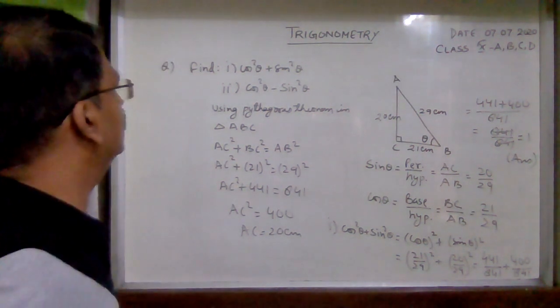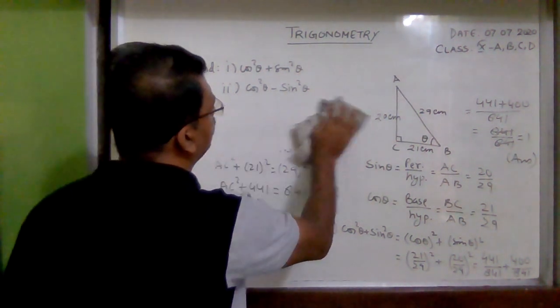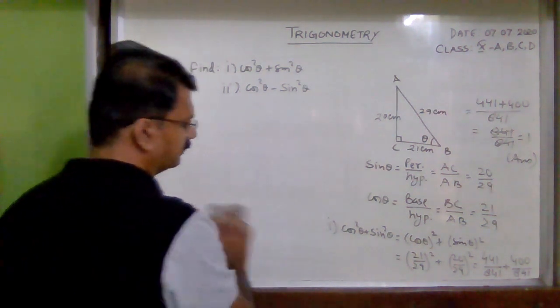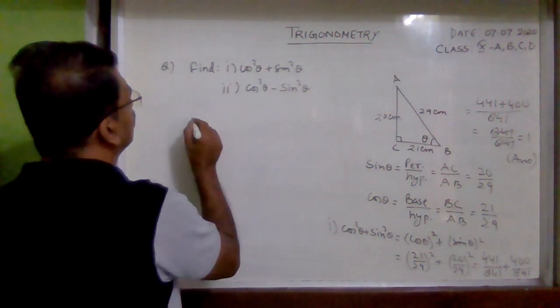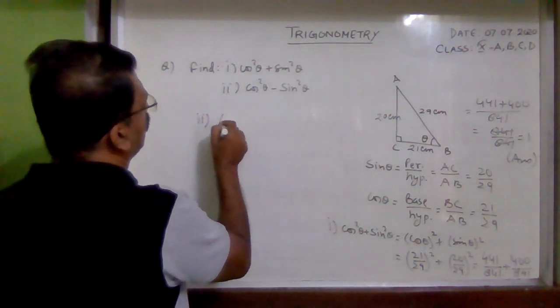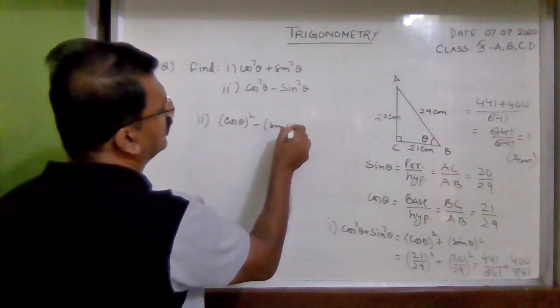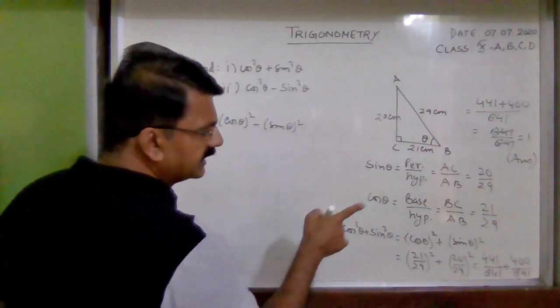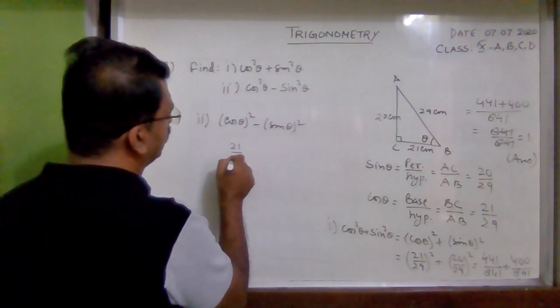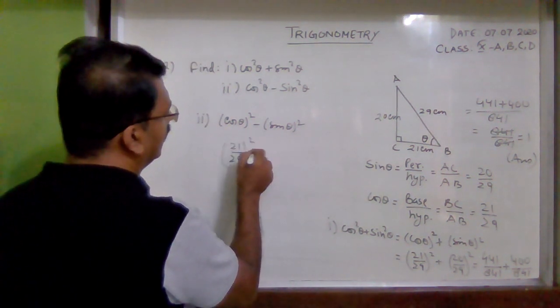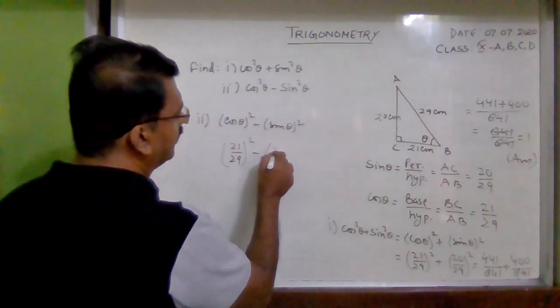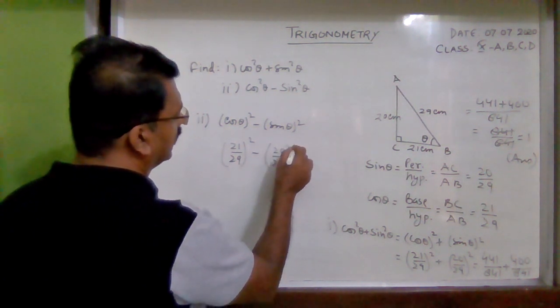Okay, and now the second part, cos theta whole square minus sine theta whole square. Now cos theta is 21 upon 29 whole square minus 20 upon 29 whole square.